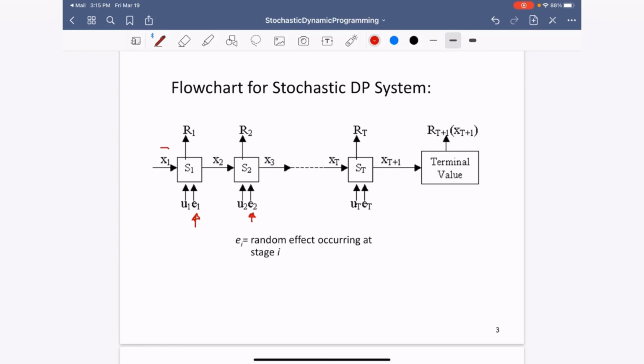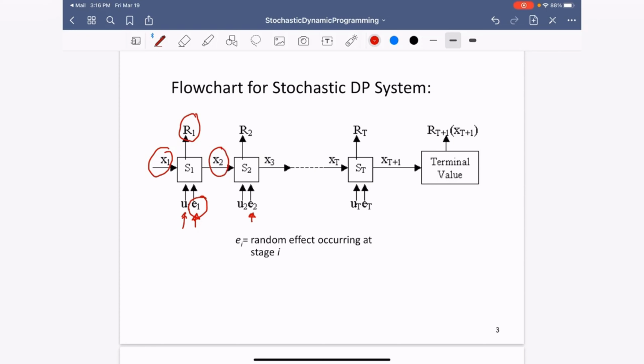So x1 is our state variable, so let's say the population of fish, and we now enter that stage. We make a decision, U1, to fish them and how much to take, for example. Harvest would be an example, and we get a return R1.